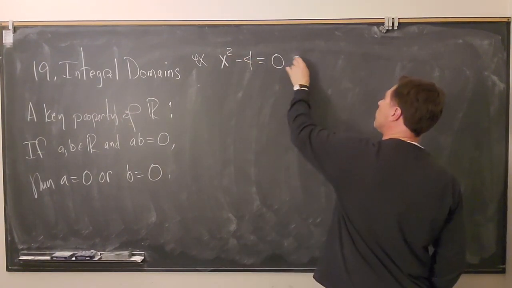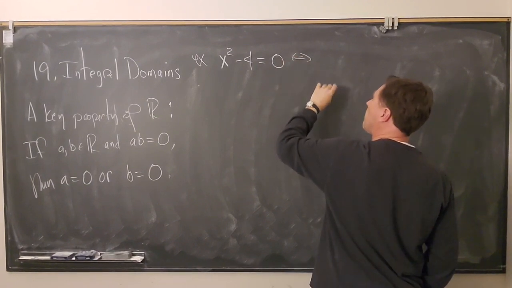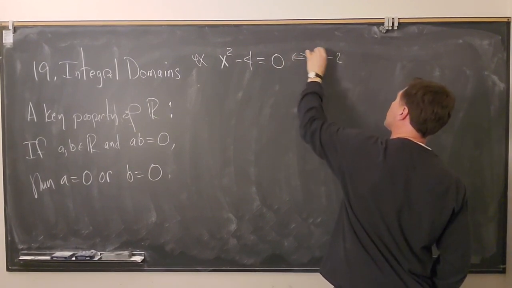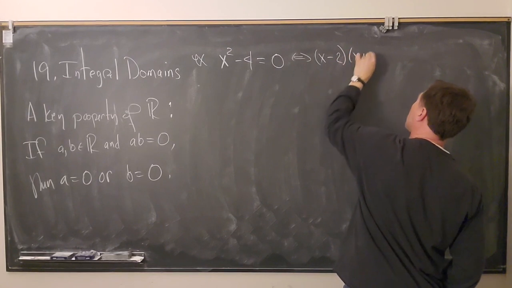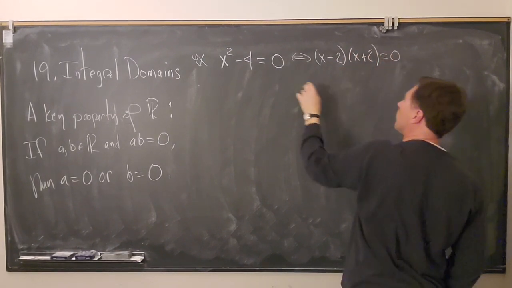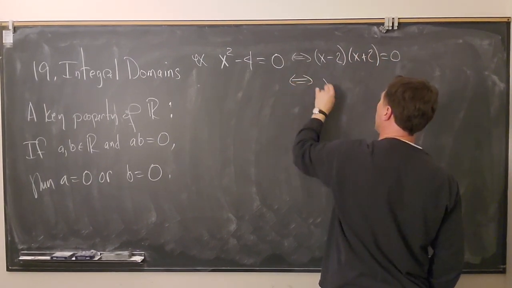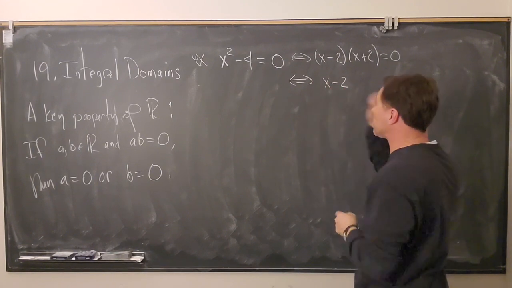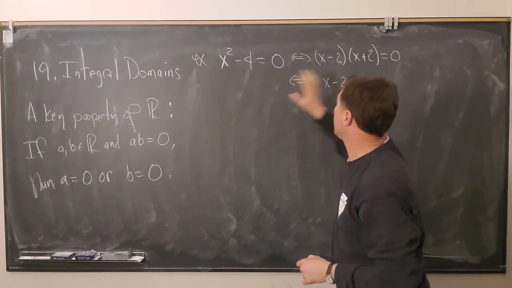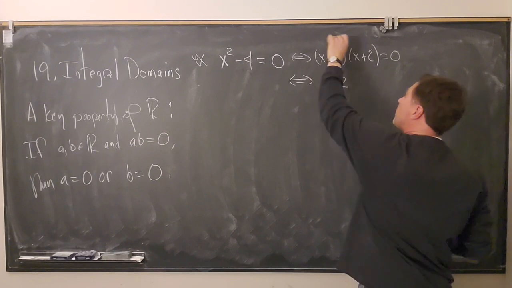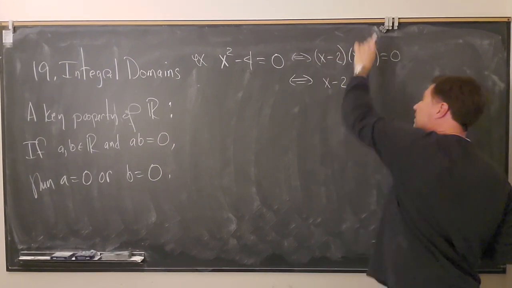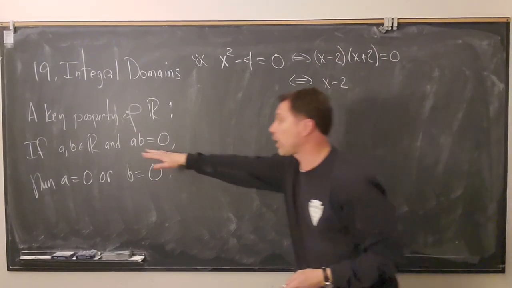This is true if and only if (x minus 2)(x plus 2) equals 0. If we're working with real numbers, this is true if and only if either this factor is equal to 0 or that factor is equal to 0, just using this property right here.